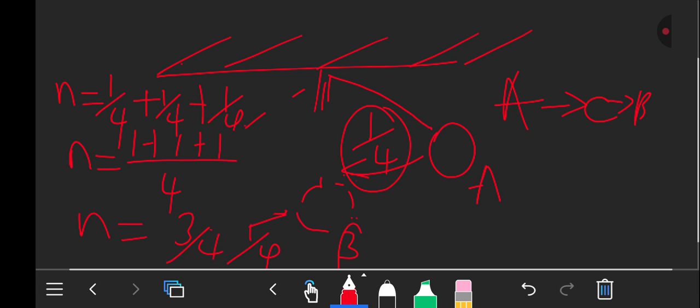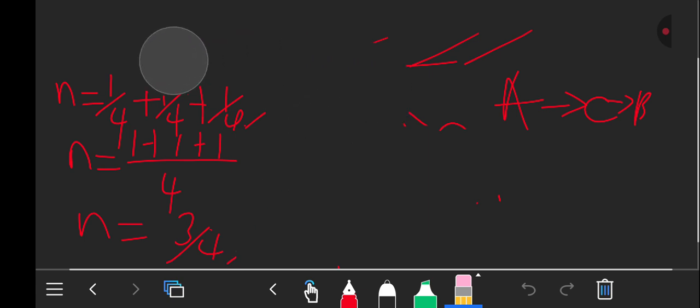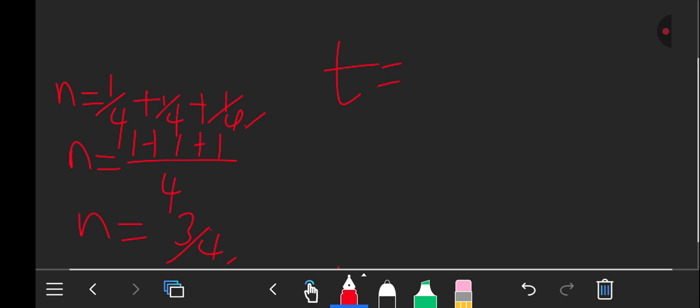Now let's say this pendulum bob took maybe 0.75 seconds. That is the time. So let's say the time is 0.75 second. How can you calculate the period? You're going to use the same formula. Period is equal to the time taken over number of oscillations.